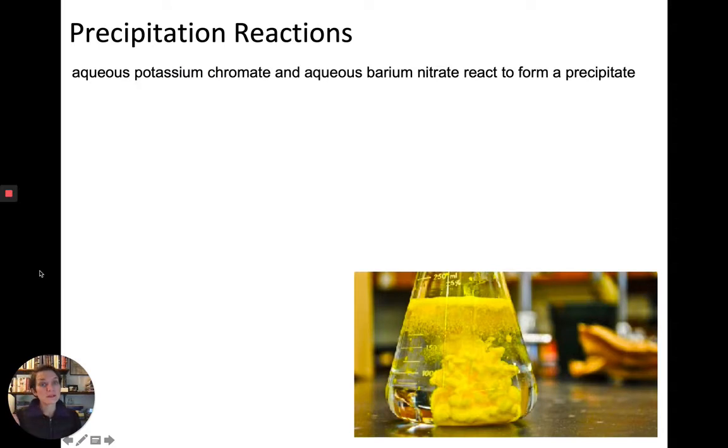All right, so an example of a precipitation reaction would be the combination of potassium chromate and barium nitrate. So these 2 species are going to react to form a precipitate.